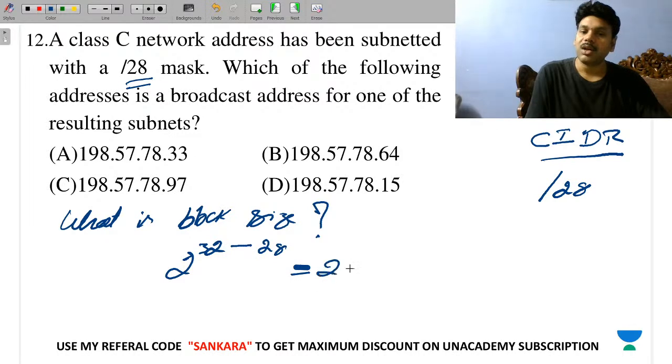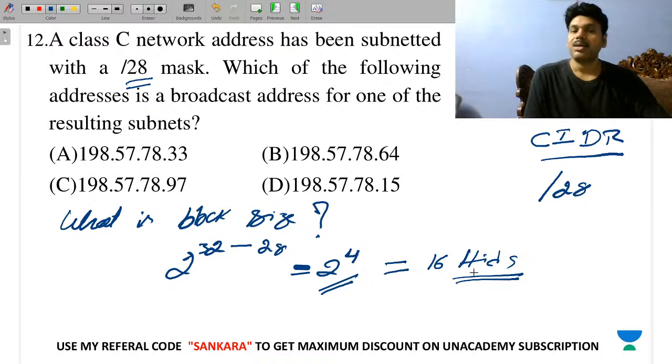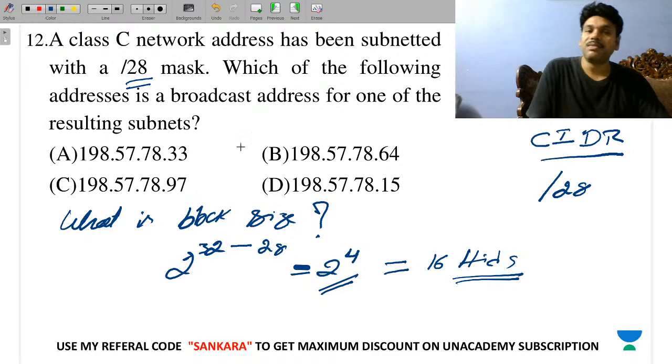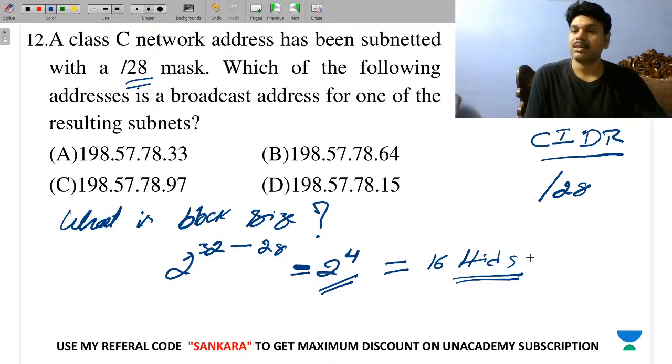Then you are limited to 2 power 4 HIDs only. 2 power 4 is going to give you 16 HIDs. So by knowing 16 HIDs, you need to identify the subnet broadcast address.